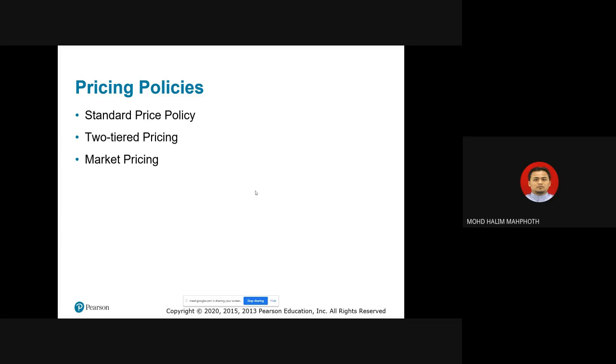Or using market pricing. What is market pricing? The more people demand your product, the higher the price. Or if you can supply more toward the demand, it can lower the price. So market pricing is referring to demand and supply.